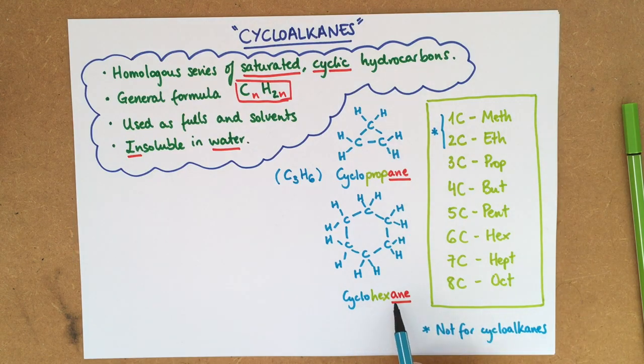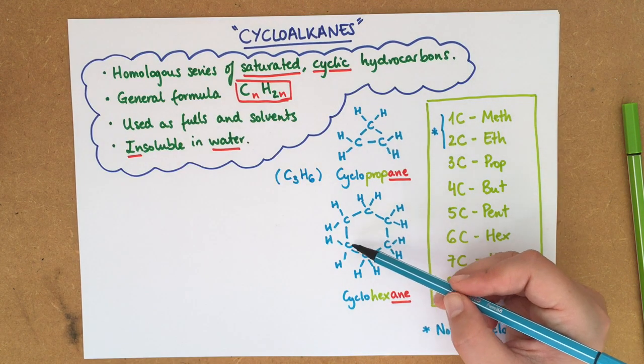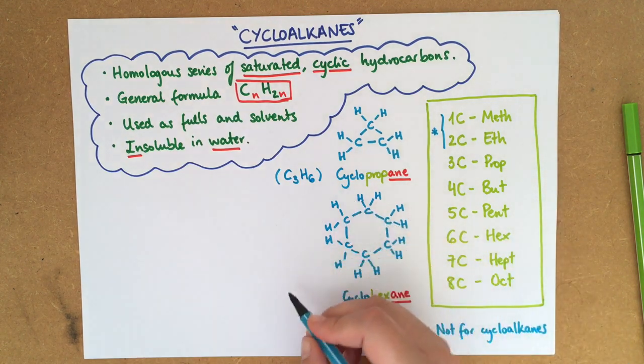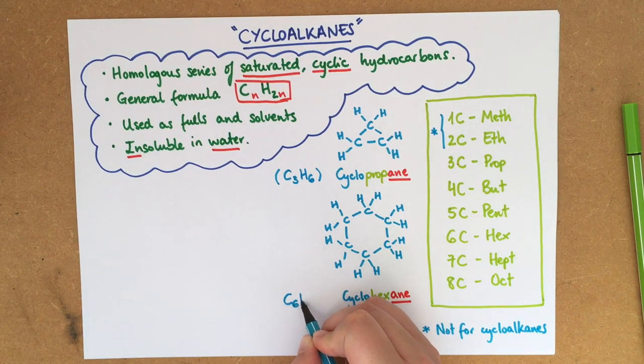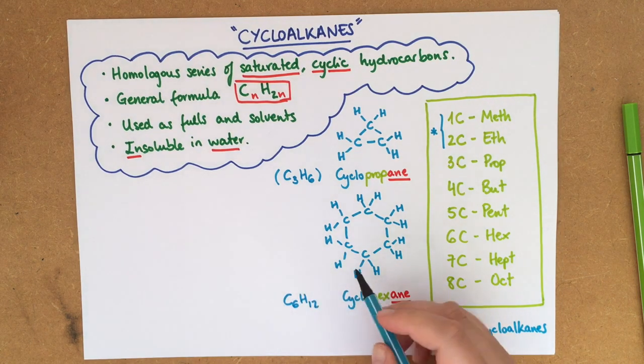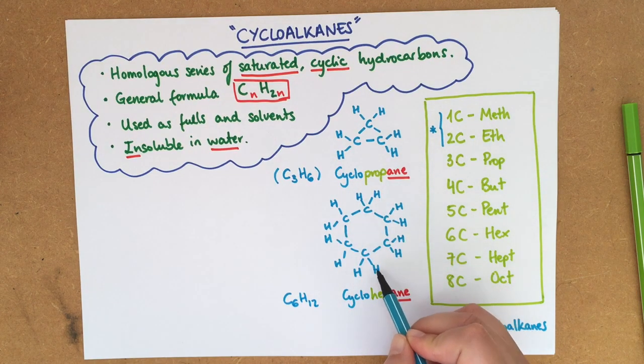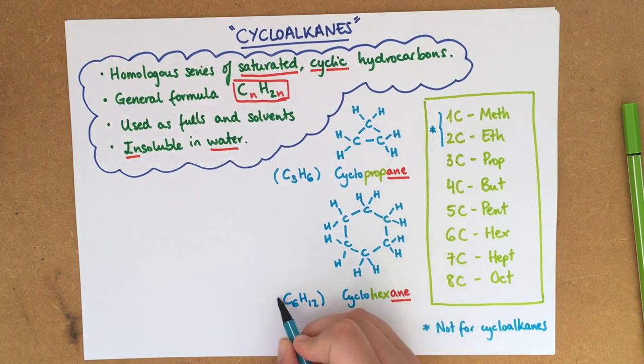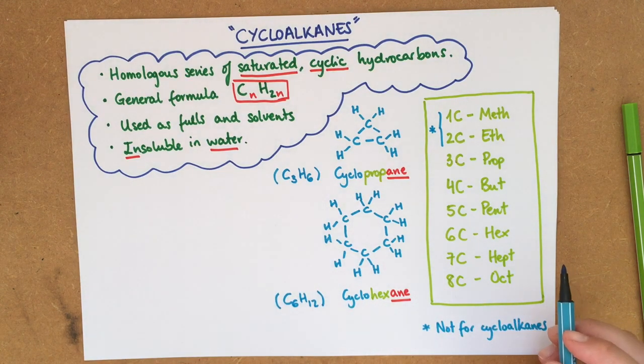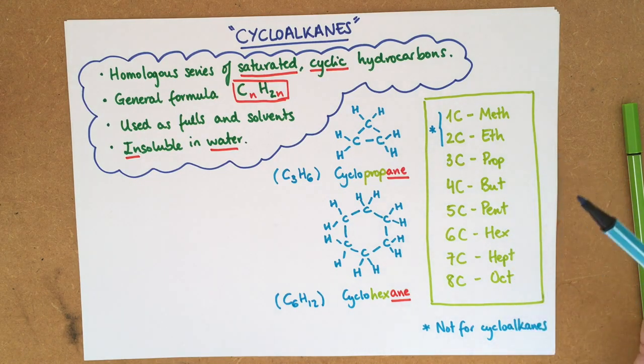If we look at cyclohexane, we have 1, 2, 3, 4, 5, 6, C6, H12, 1, 2, 3, 4, 5, 6, 7, 8, 9, 10, 11, 12. And we know that these are saturated carbons.